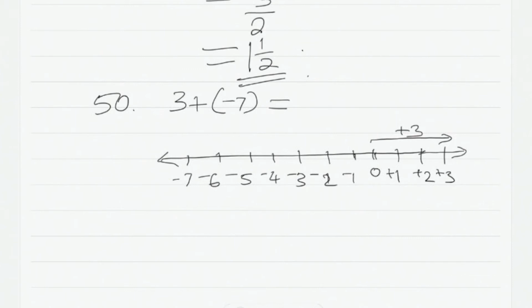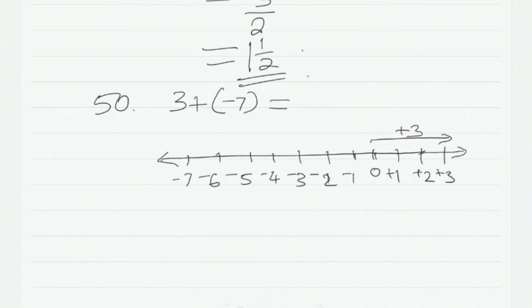Since it has a negative sign, we are going to take 7 steps going to the left. The place where we land is the answer.